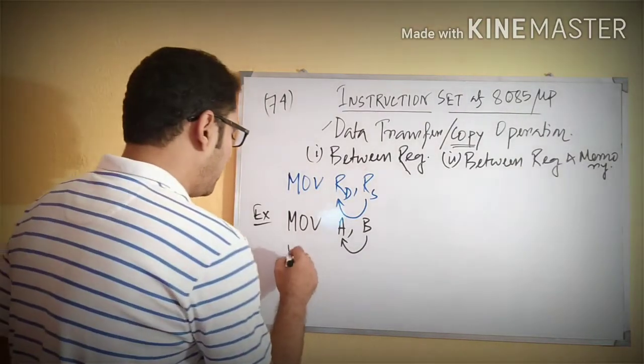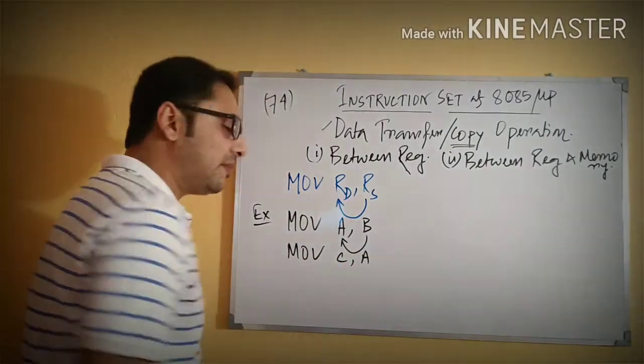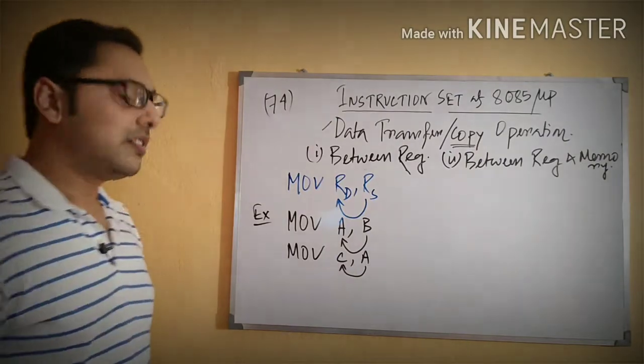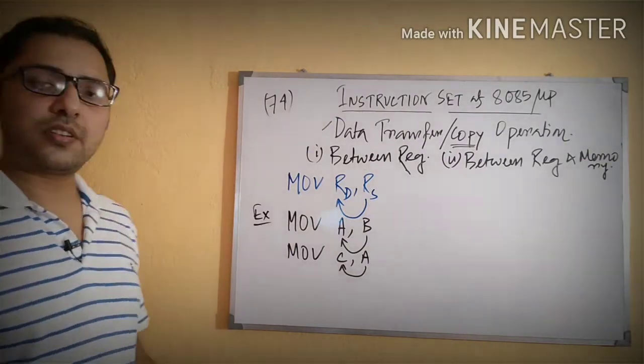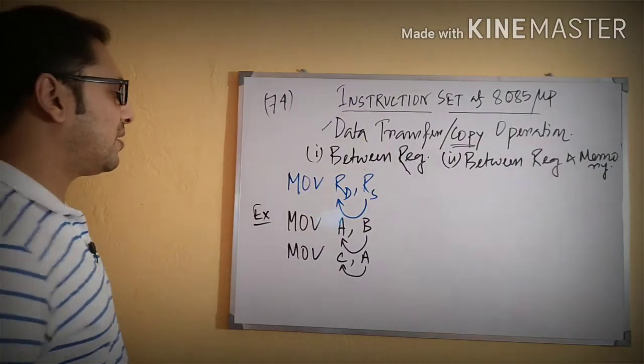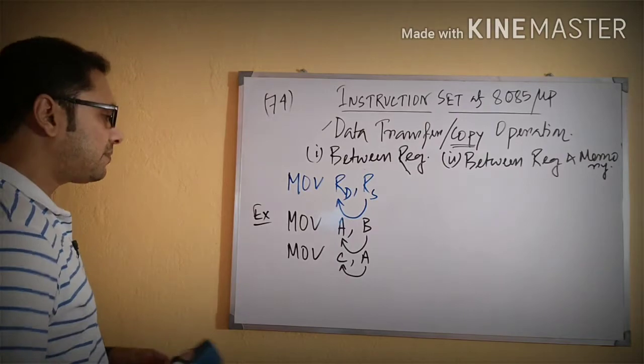Similarly, the reverse one we can write: MOV C, A. That means the content of the accumulator is copied into register C. So that is the example of data moving or data transfer between registers.